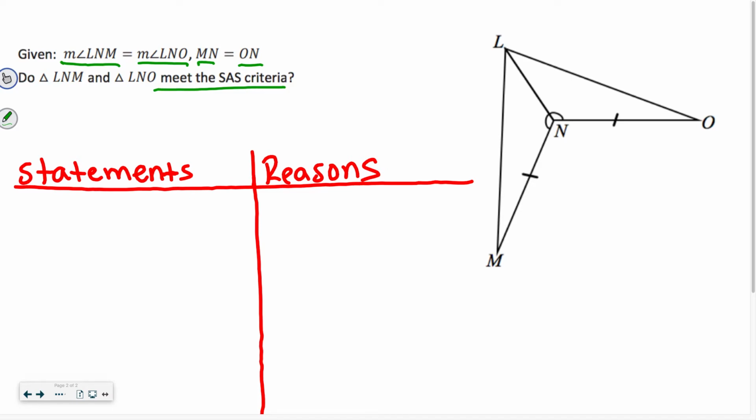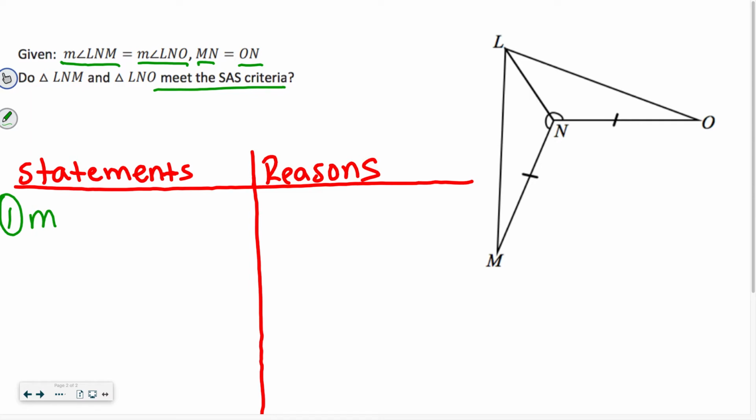So we make our T-chart with statements on one side and the reasoning on the other side. So the first step, we always know what our first line is, right? It's always the given. So in this case, we have two different givens. So we'll write those two things down.